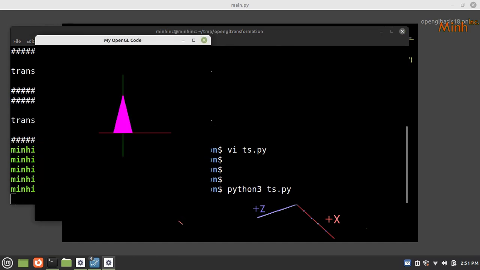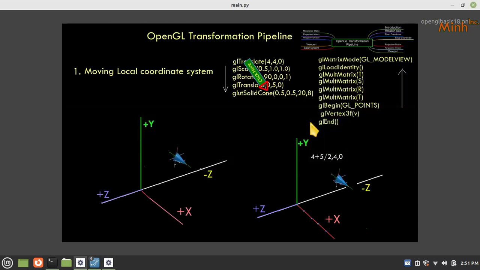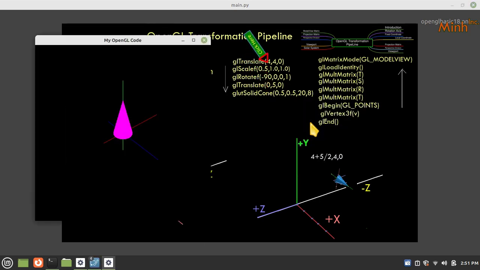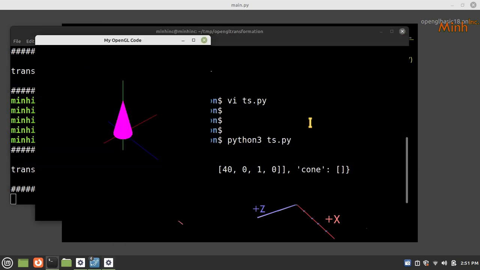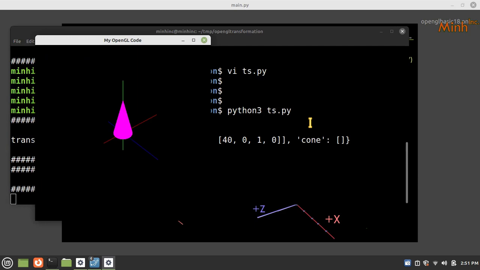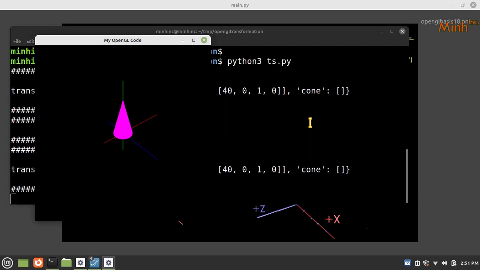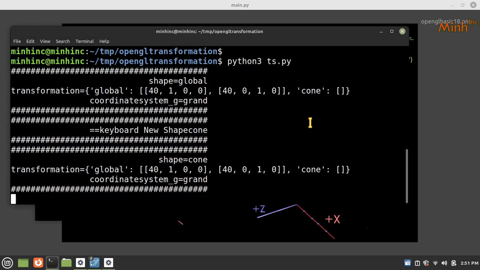Okay, so now I'm pressing G, it's local coordinate. Now we'll go by the lab, so we'll move 4 4. Okay, where we are, stay in global, I'll press tab G. Okay, so local coordinate system is grand.